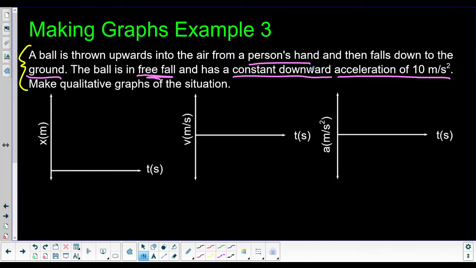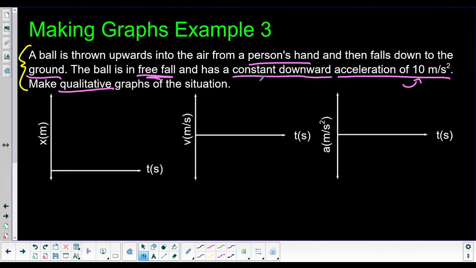Okay, so again, qualitative means we're worried about shapes, not numbers. I know that you have a number here, but we're not going to trip too much about that, all right? So let's start with the easiest graph.